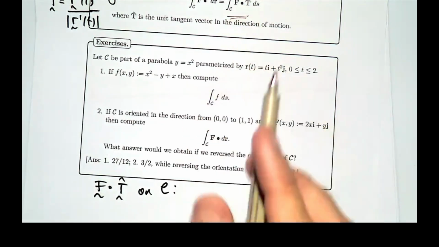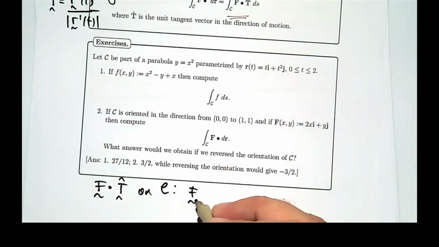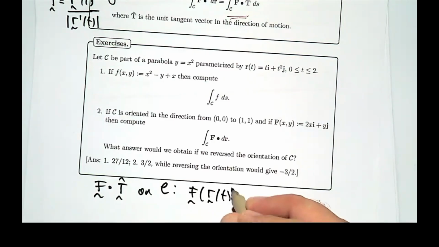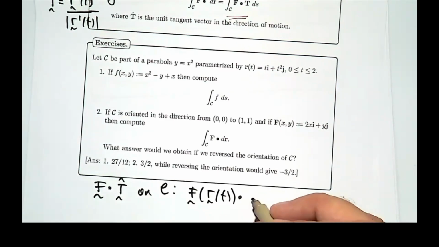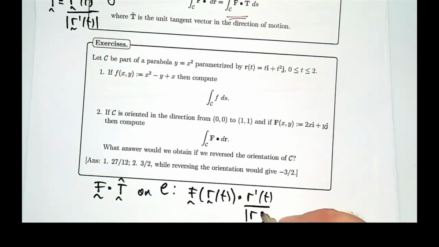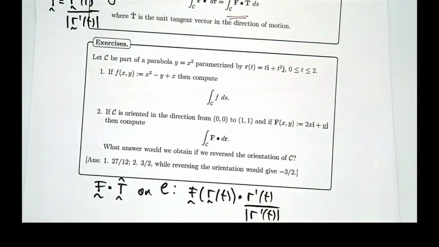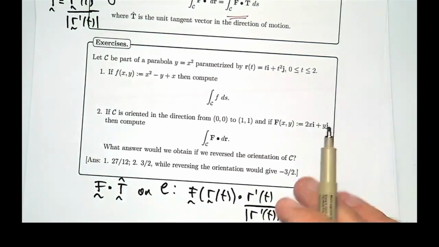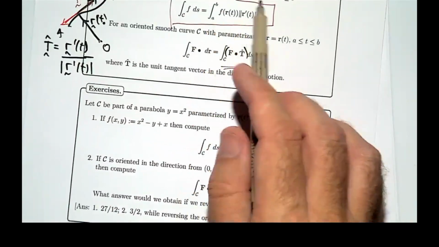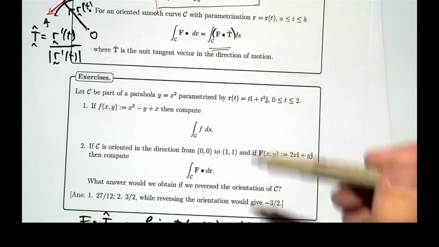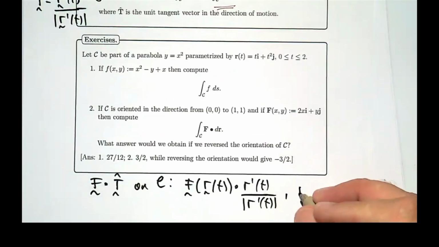So let's think about that. Okay, so if I'm integrating this bad boy here, similar to this, I'd multiply by the length of the derivative.